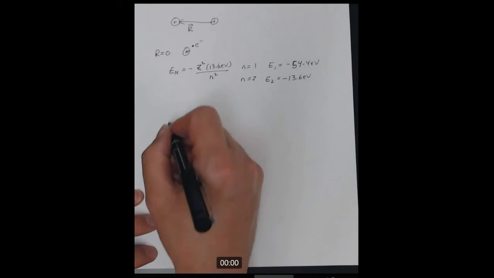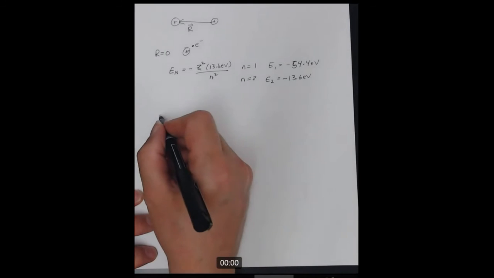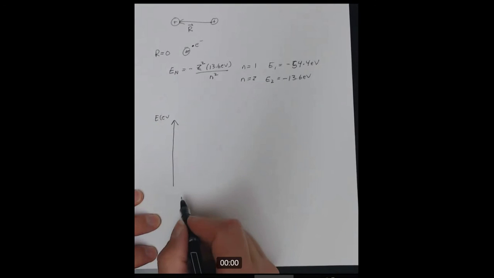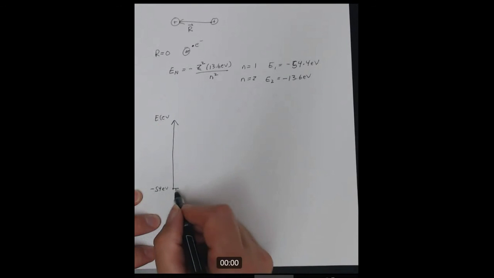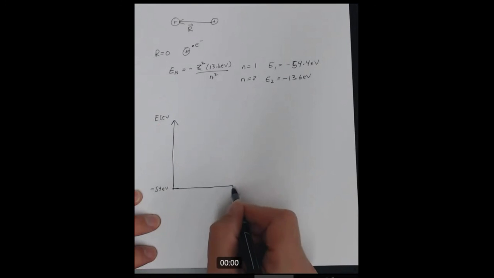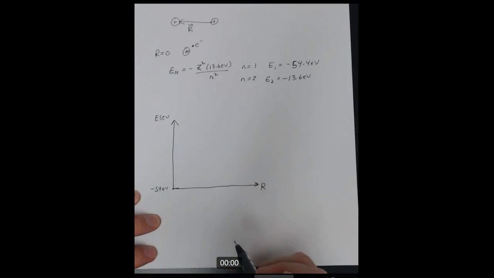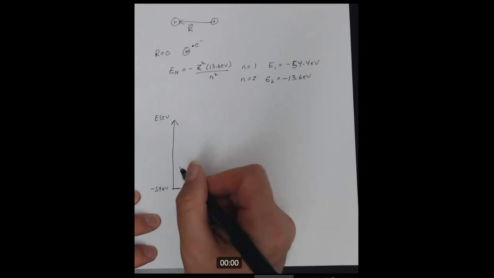So let's make a little energy diagram here. This is energy in eV. And let's say the bottom here is negative 54 eV. And across horizontally, that's going to be the distance between the nuclei, big R. So we have at least two possibilities.